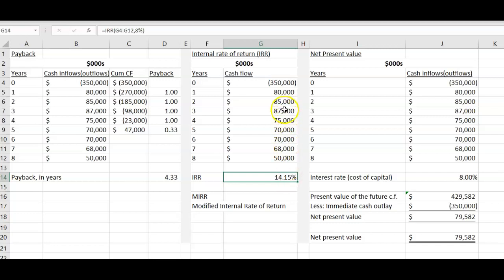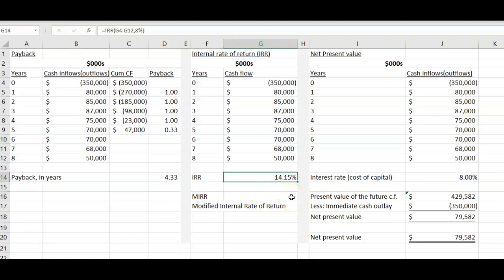I would argue that if you're using an interest rate of 8%, probably your next best alternatives are 8% or very close to it. So the modified internal rate of return adjusts for that. And the reason that this came into popularity, in my opinion, is because of this weakness.